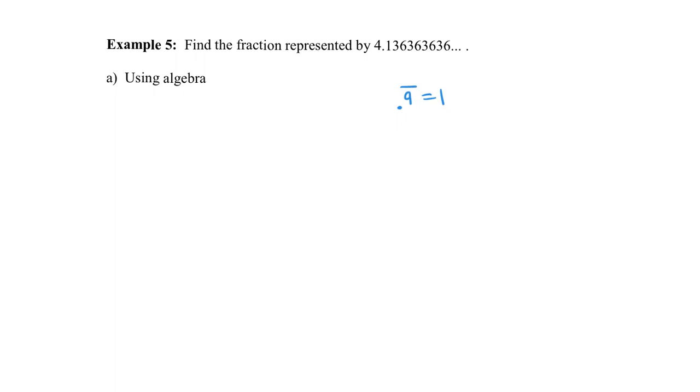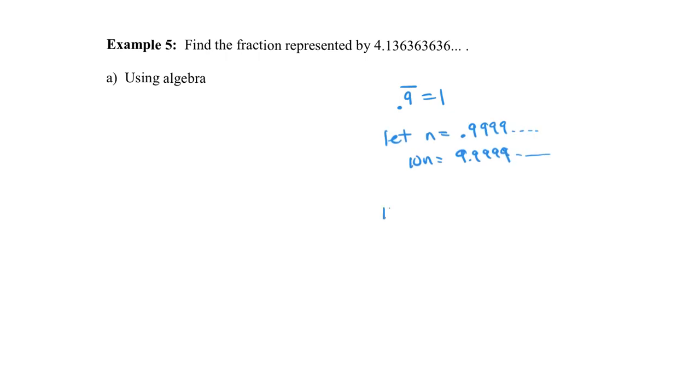And the way they'll do that is they'll say something like, okay, let's let n equal 0.9 repeating, which should then be 0.9999, right, forever. So then 10n, if I multiply that by 10, I get 9.9999 forever.